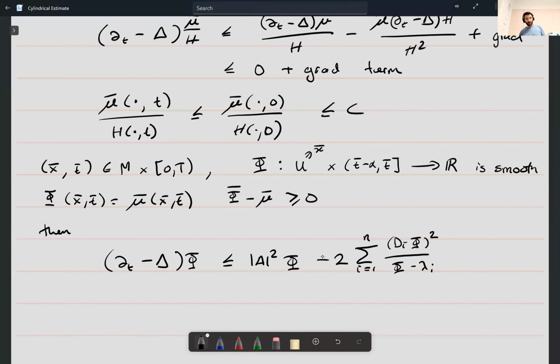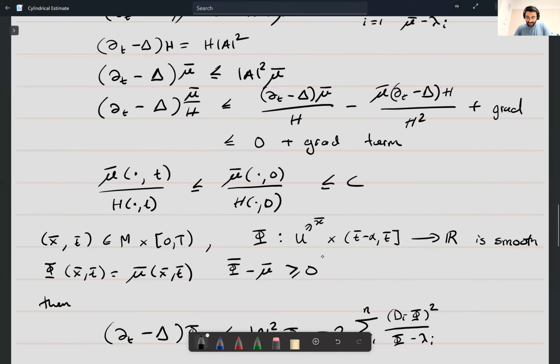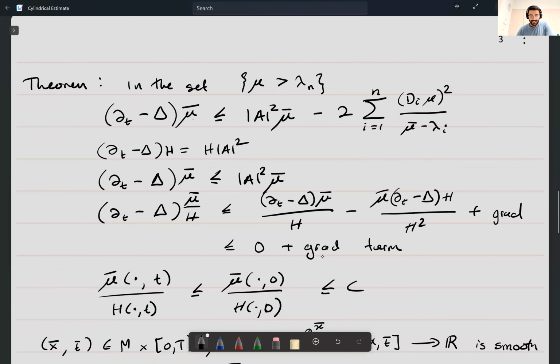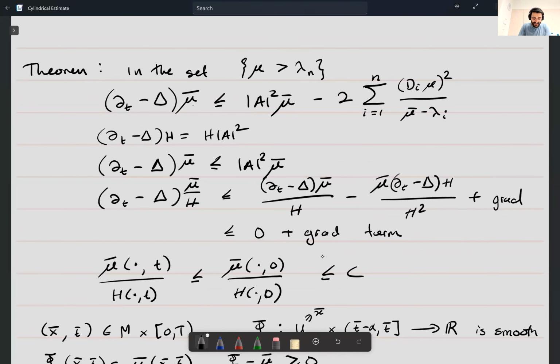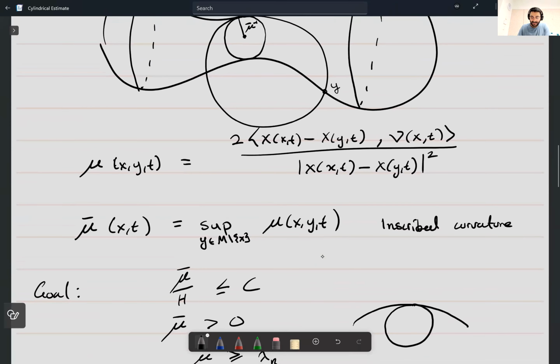Okay, so this is the inequality we have to prove for functions phi that satisfy this property. Actually, I also did something that's a bit questionable. I've applied the maximum principle here to prove this, but the function mu is not defined on a compact set, right?